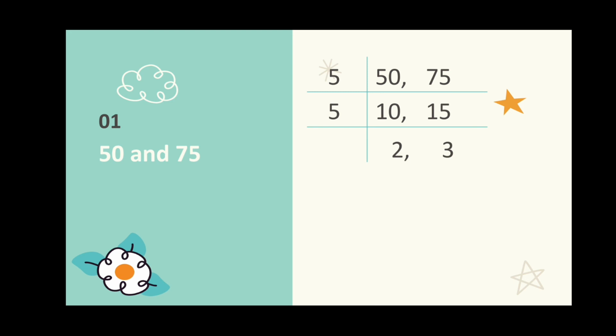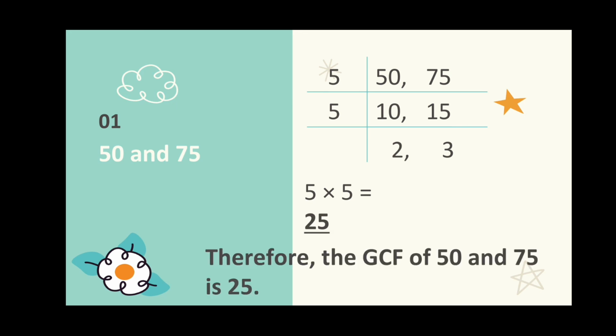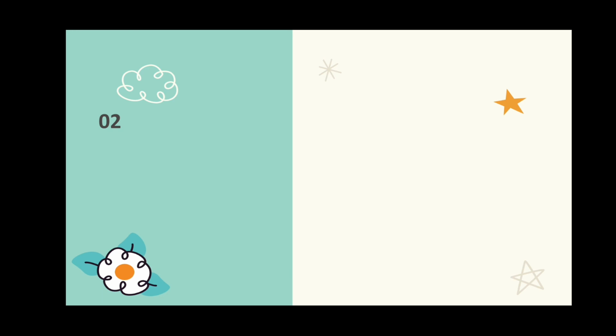Ibig sabihin, tapos na tayong mag-divide. Now, let's multiply the factors. 5 times 5 equals 25. Therefore, the GCF of 50 and 75 is 25.